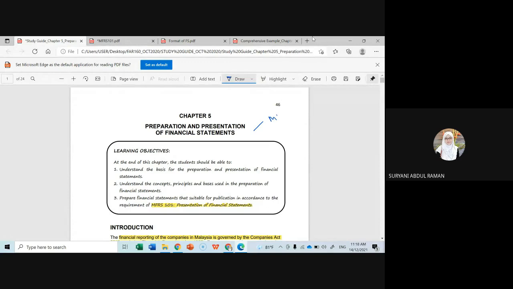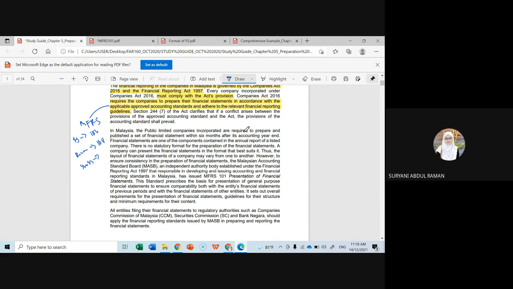The MFRS, and also the guideline in the Companies Act 2016. But if there are conflicts between the MFRS and the Companies Act 2016, then the Malaysian Financial Reporting Standard, meaning the accounting standard, will supersede. Dia akan mengatasi. You will have to select the accounting standard as the priority. That is what we meant, shall prevail.